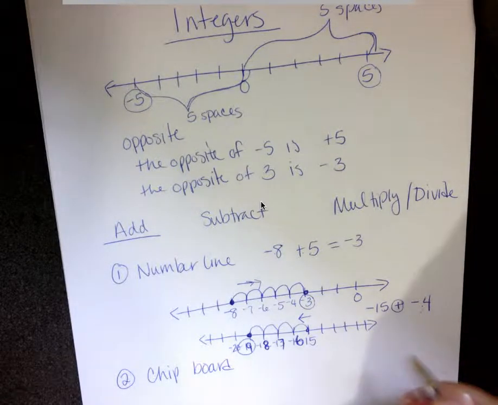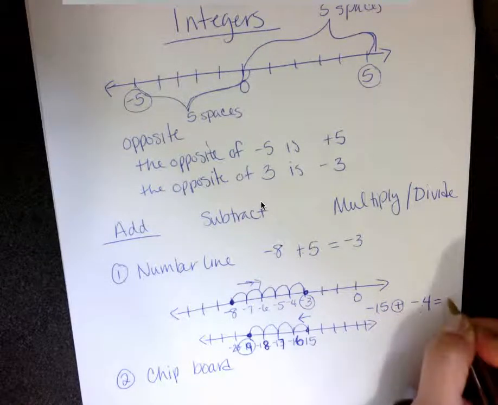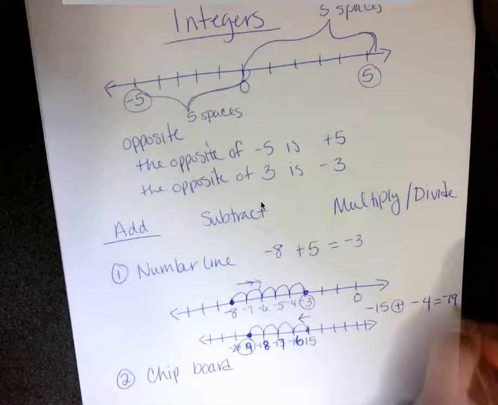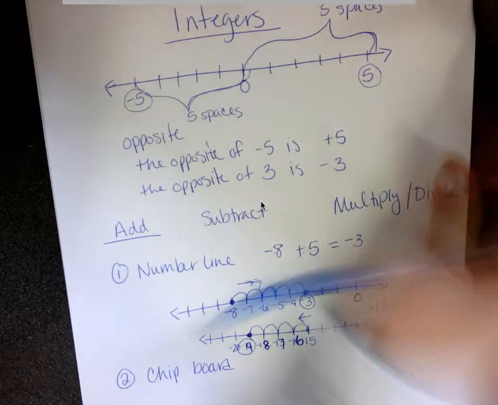So if I'm getting more negative, negative 15 plus a negative 4 is negative 19. Okay? That is the number line. Really simple. Okay.